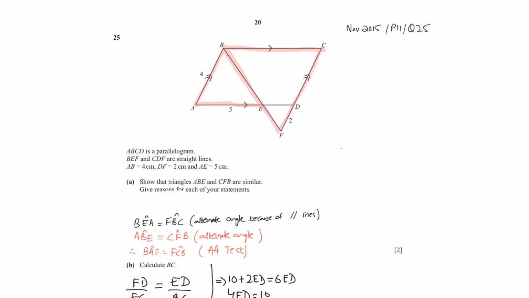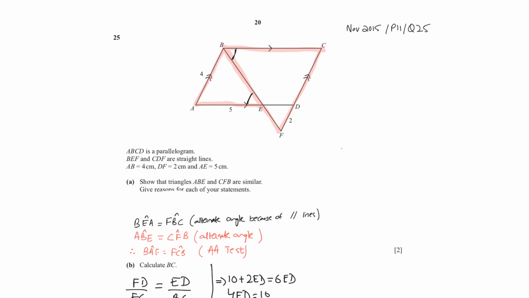So we know that BEA, which is this angle, must be equal to FBC because BC and AD are parallel lines. Therefore, an alternate angle is being formed, which is BEA equal to FBC.